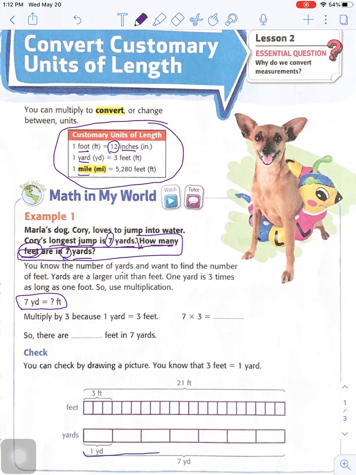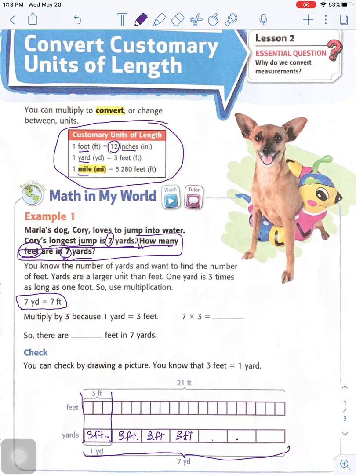But if I knew that I had 7 yards, okay, 1, 2, 3, 4, 5, 6, 7 of those yards, and I know that in every one of those yards, that's the same as 3 feet, then that's like 3 feet 7 times.